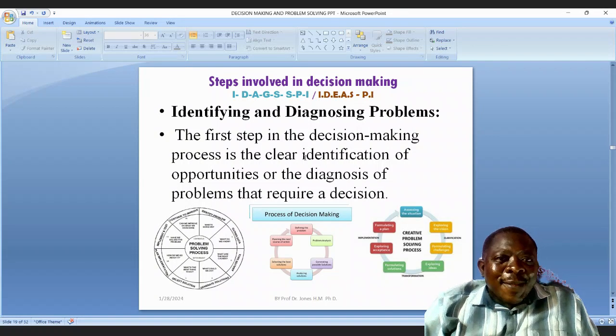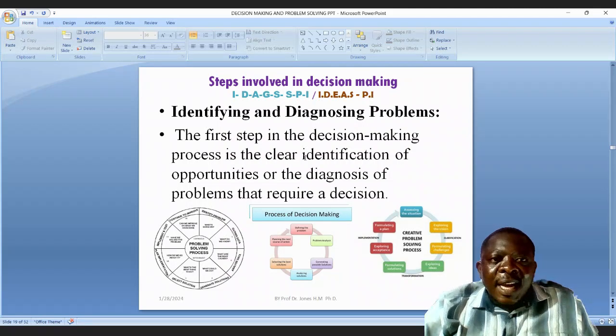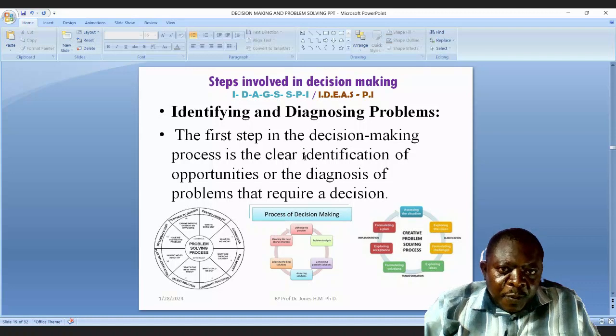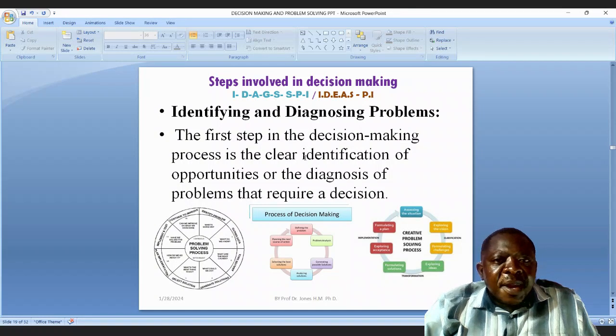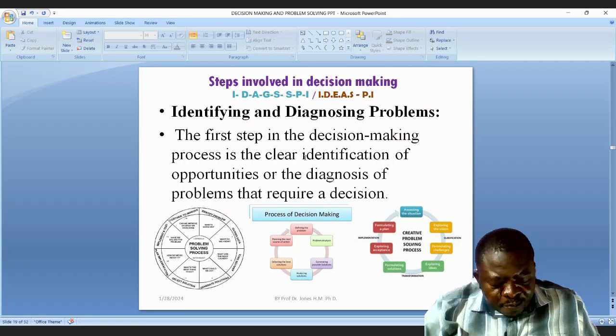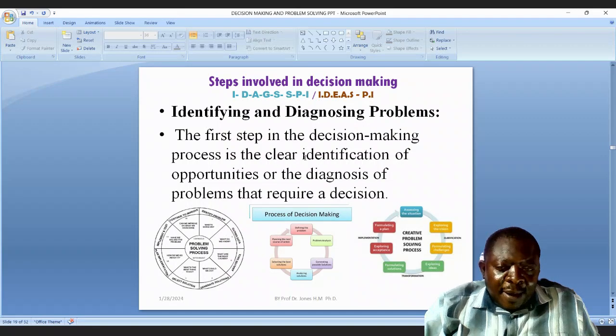So the first step in the decision making process is the clear identification of opportunities or the diagnosis of the problems that require decisions. If you do not know the problem that you have, how then are you going to solve that problem? It's when you have identified the problem that it will be required of you to make decisions in order for you to avoid the problem that you have identified.